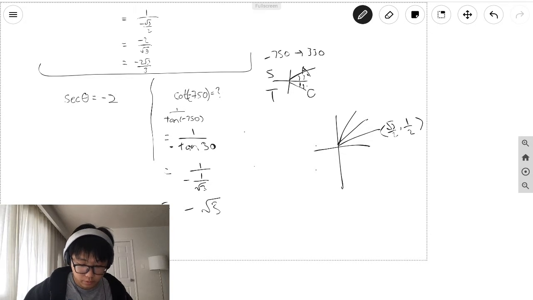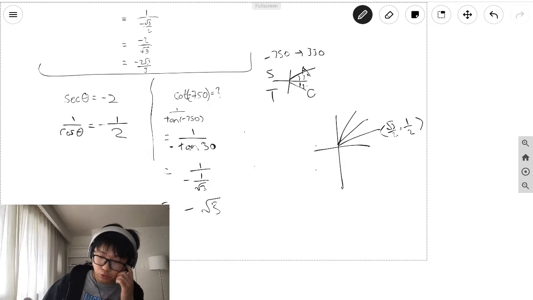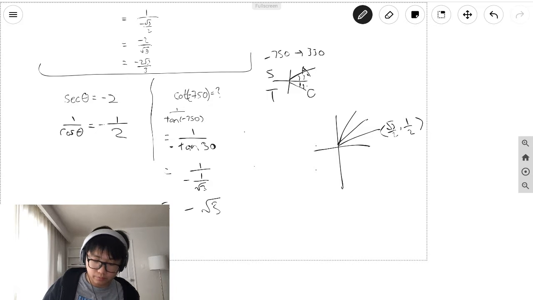So I would take 1 over both of them. Let's say, we're allowed to square both sides, right?